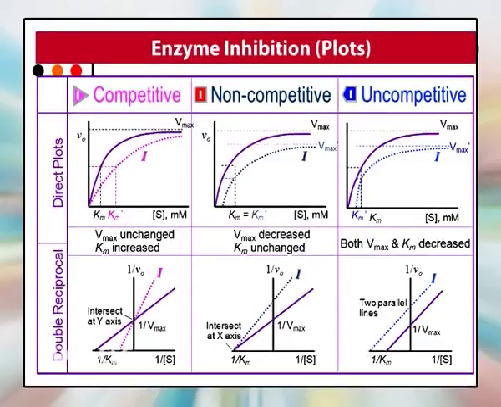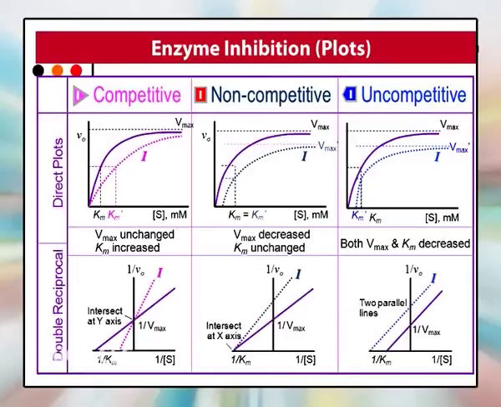When used for determining the type of enzyme inhibition, the Lineweaver-Burk plot can distinguish competitive, non-competitive and uncompetitive inhibitors. Competitive inhibitors have the same y-intercept as uninhibited enzyme, but there are different slopes and x-intercepts between the two data sets.